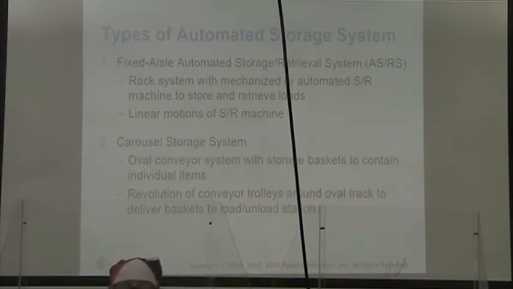It has linear motions in the storage and retrieval machine. The other type is the carousel storage system. This is an oval conveyor that has storage baskets or shelves, or some other mechanism to contain individual items. The revolution of the conveyor trolleys around an oval track delivers baskets to a load and unload station.